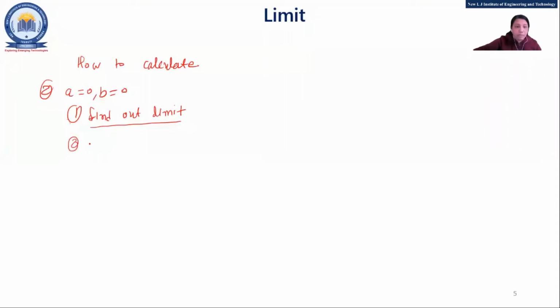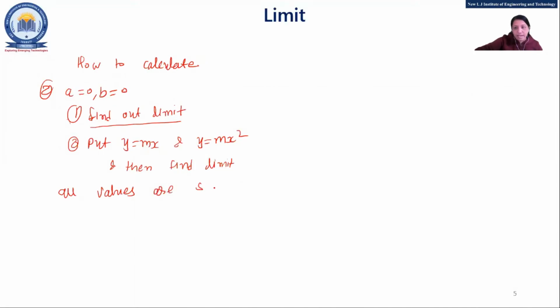That is, put y equal to mx and y equal to mx square, and then find out the limit. If all values are the same, then you can say that the limit exists, otherwise not.